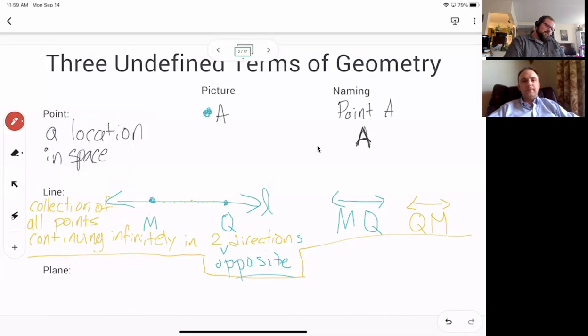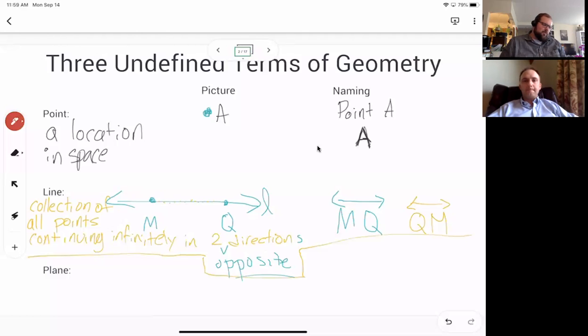And then we can use what we've talked about as far as a point having no dimensionality to it, so we can't measure it in any direction. A line, we can measure in this one direction going out both sides infinitely.